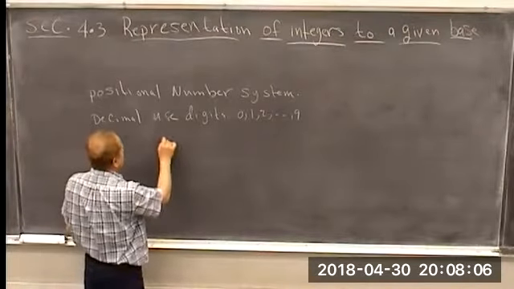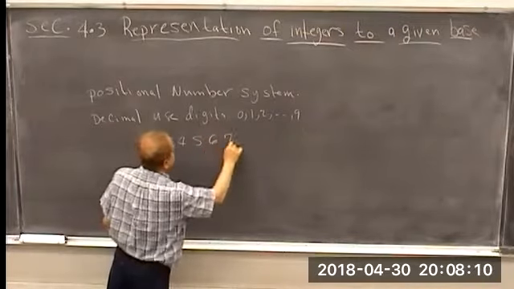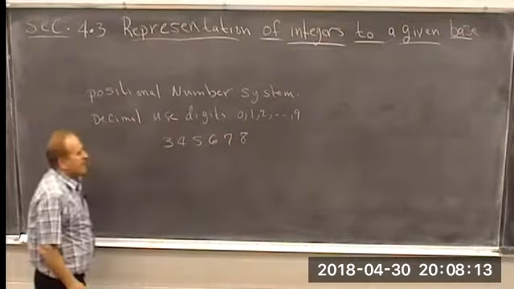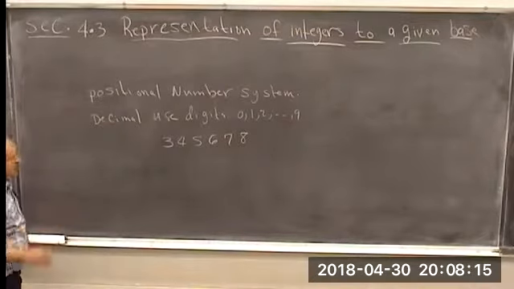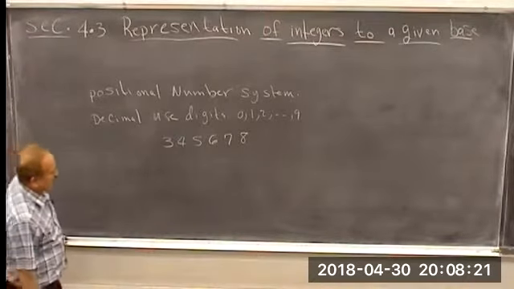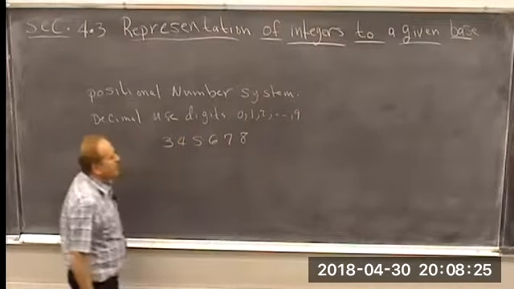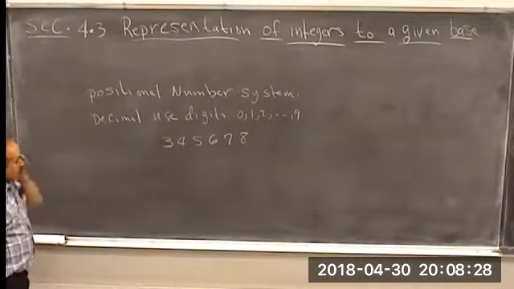Let's look at an example: 345678. These digits have different values, as you know, depending on where they appear. So this is the units, tens, hundreds, and so on.